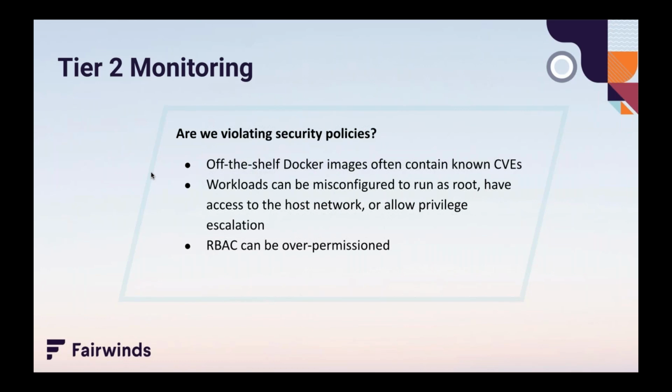Security is also a key part of a tier 2 monitoring approach. As we all know, security may not lead to a specific availability issue right away. But if an attacker takes advantage of a known vulnerability, or uses a misconfigured workload to get access to the cluster or additional resources on that cluster, that can ultimately lead to a challenge that you would only find out after the fact via a monitor going off.